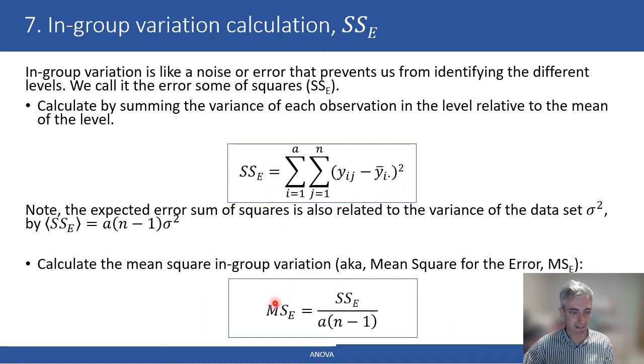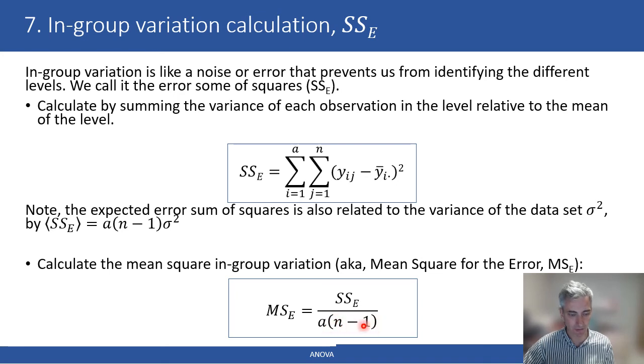Now, to get the variance, or the mean sum of squares for the in-group variation, which we call the mean sum of square errors, we need to take this variation and divide by the number of samples, essentially. But we have to do this correction. Of course, the number of samples is A times N, the number of groups times the number of data points in the group.